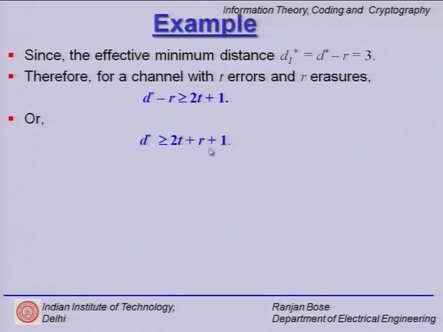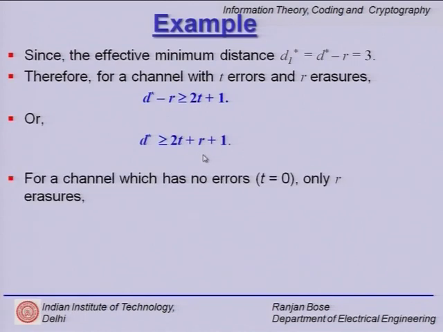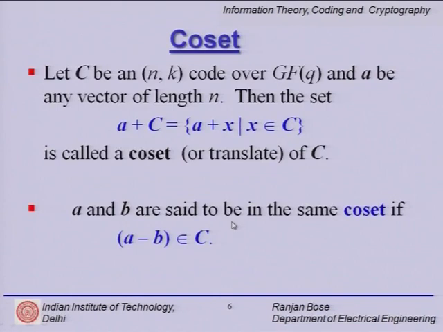So your erasures eat into the number of errors you can correct. Suppose your channel does not have any errors, it has only R erasures, then d star should be greater than R plus 1.